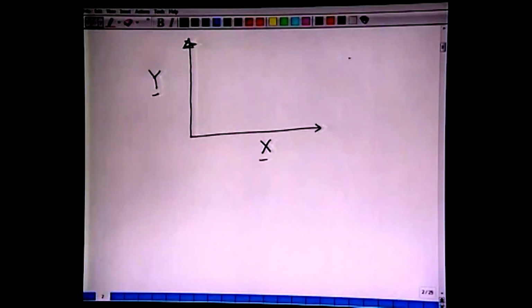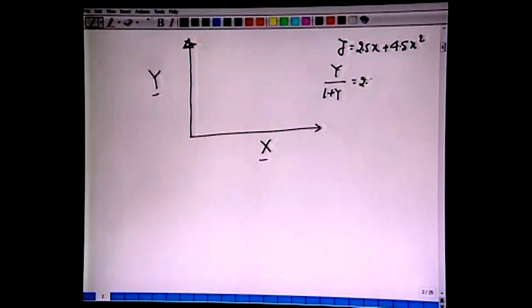So if we have the equilibrium curve given as small y equals 2.5x plus 4.5x squared, we can write it as y over 1 plus y equals 2.5 capital X over 1 plus X, plus 4.5 times capital X over 1 plus X, squared.